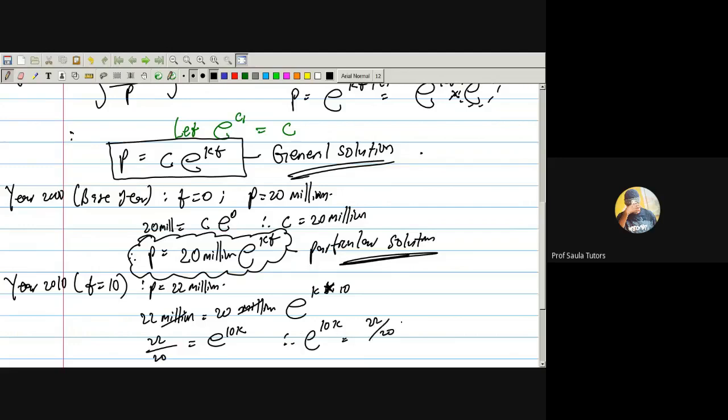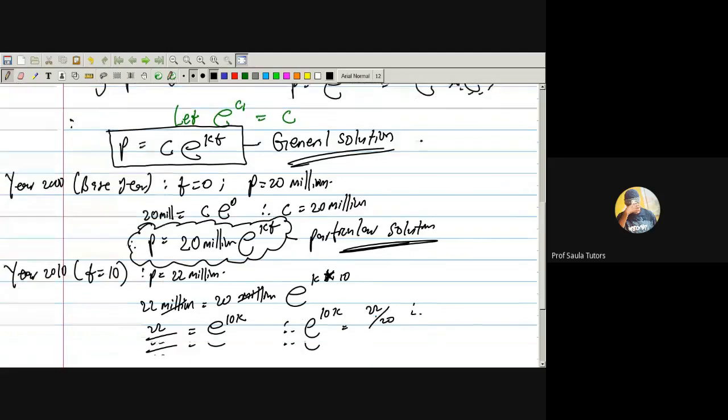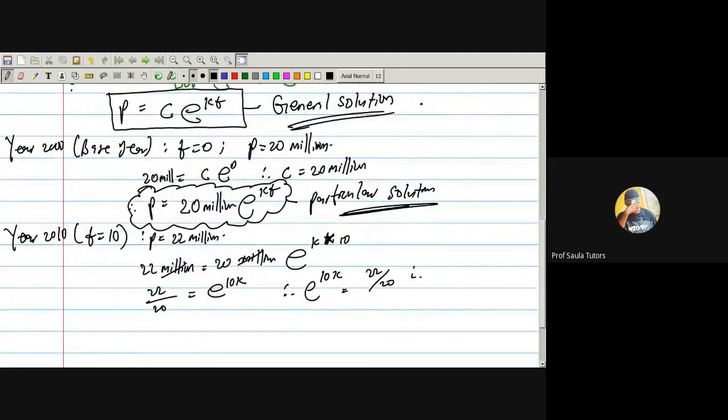If E comes here, it becomes 10K equal to ln 22 over 20. When the exponential comes, it becomes ln. So K equal to 1 over 10 ln 22 over 20.